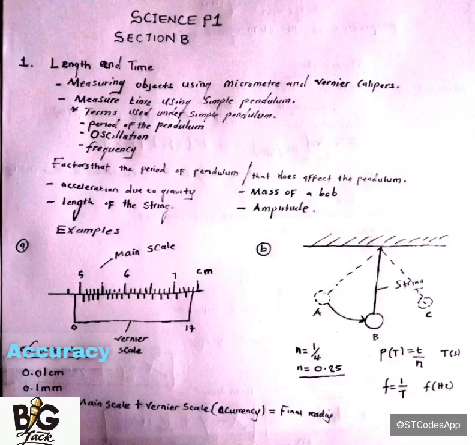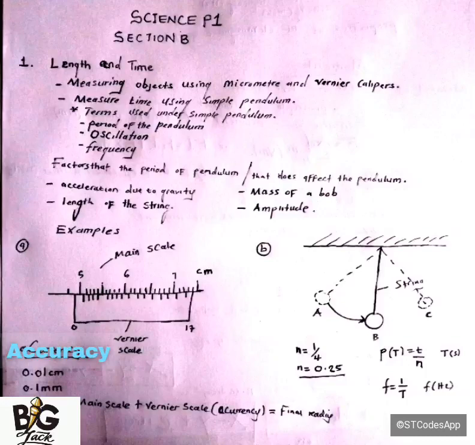Then we also have the frequency, which is the number of oscillations made in 1 second.